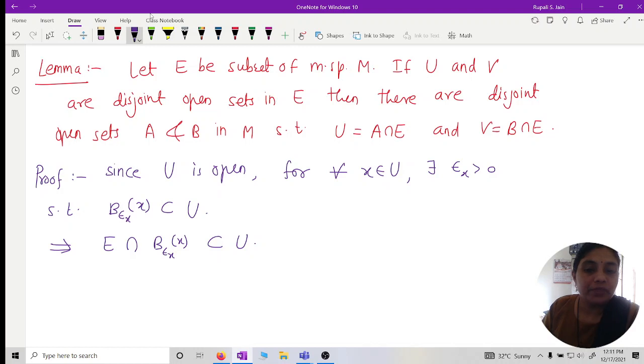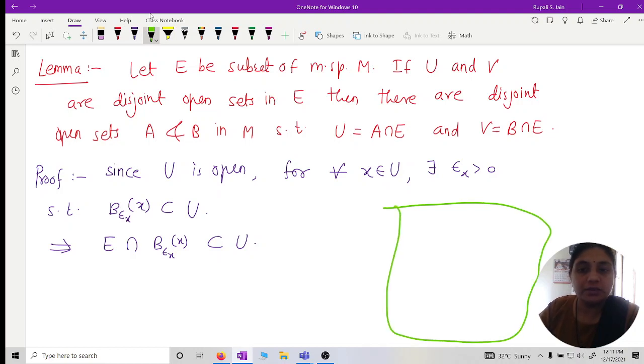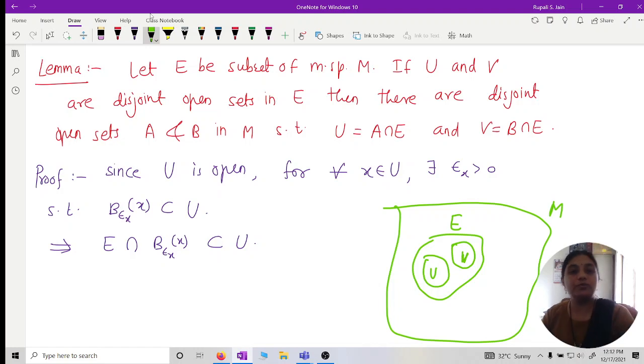Yes, ma'am. Let M be a whole metric space, and E any subset in M. U and V are disjoint open sets in E. Say this is E, this is U, this is V. They are disjoint open sets in E. Then what we want to show?